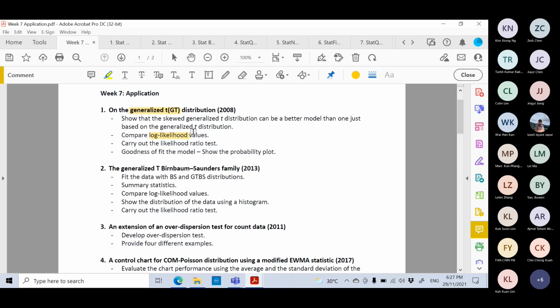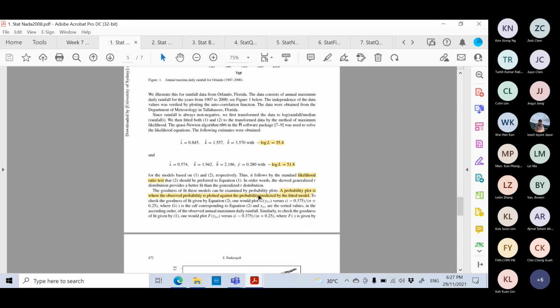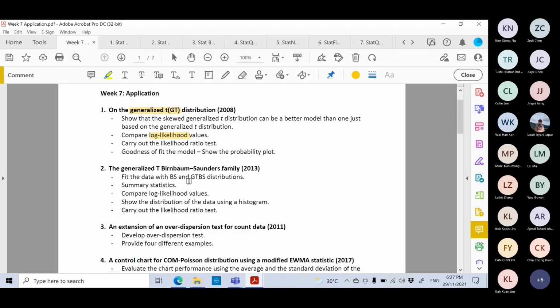They just showed the fitted values for their parameters, that's all, and then they carried out the likelihood ratio test. Whereas in the second paper, they provide the summary statistics of the data.